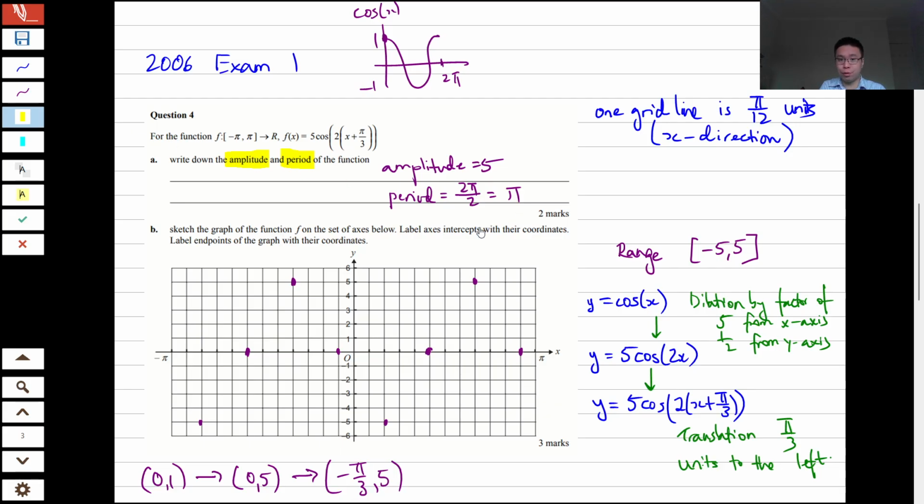Okay, so final order of business. We are asked for the axes intercepts, which means I need to find the y-intercept. And it's not clear what that is, because the y-intercept occurs after the transformations have occurred. So we will need to do a substitution here. So let's go ahead and do that. When x equals 0, y equals 5 cosine of 2 pi on 3.